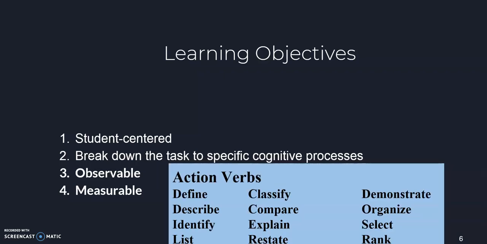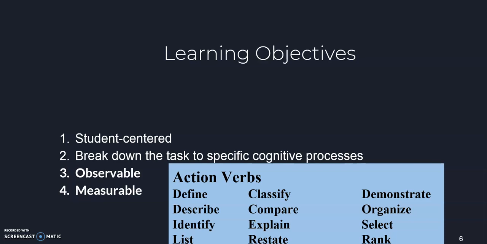The next 2 state that the learning objectives should be observable and measurable. So what this means is we don't want to write learning objectives that deal with mental activity within the student's mind. We want to be able to observe it, and we do that by using action verbs in our learning objectives.